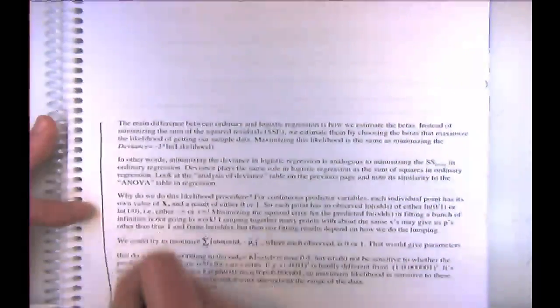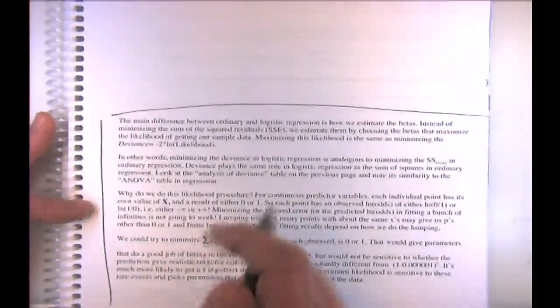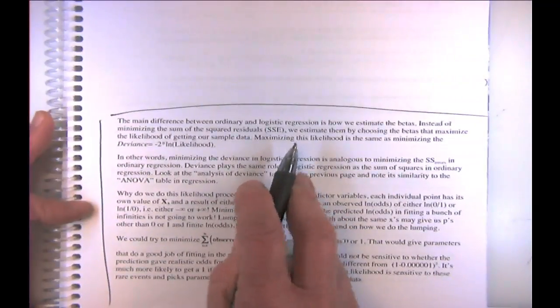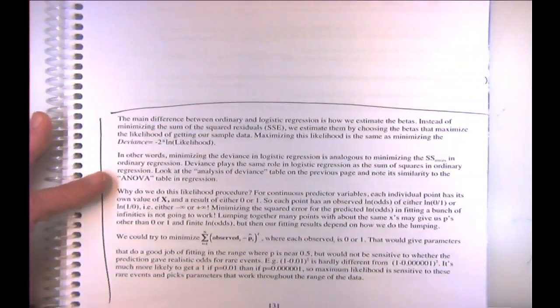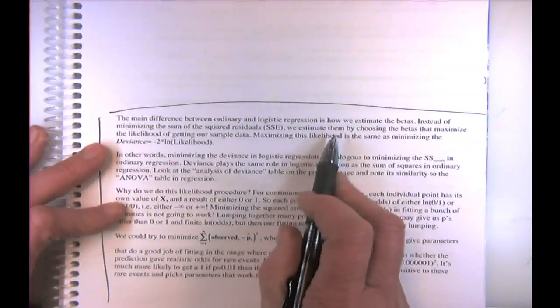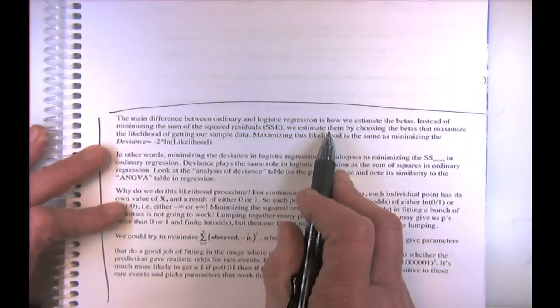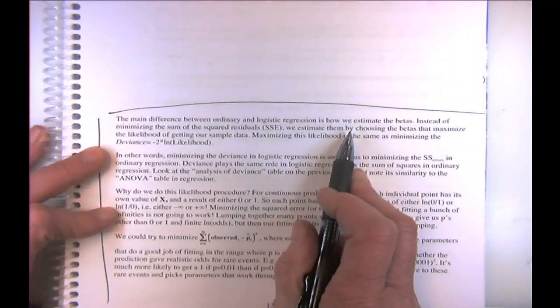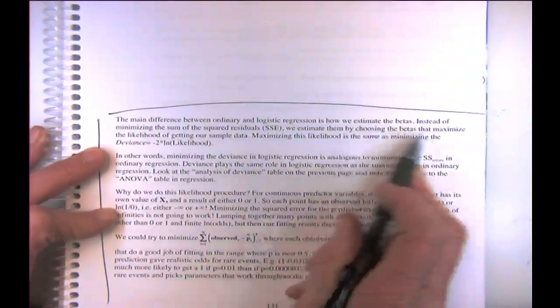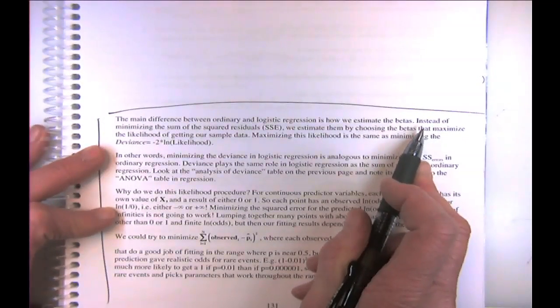Maybe this is a good time to turn the page and look at this main difference between ordinary and logistic regression. I've been talking about this a lot, so let's read this carefully together. The main difference is how we estimate these parameters, these betas.